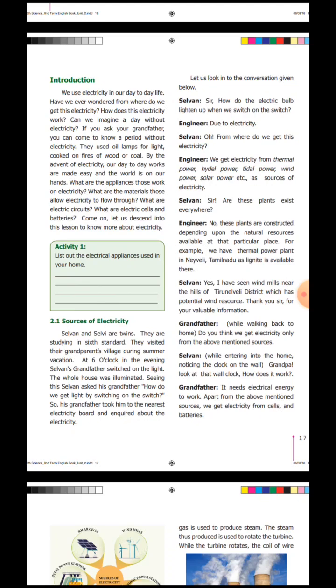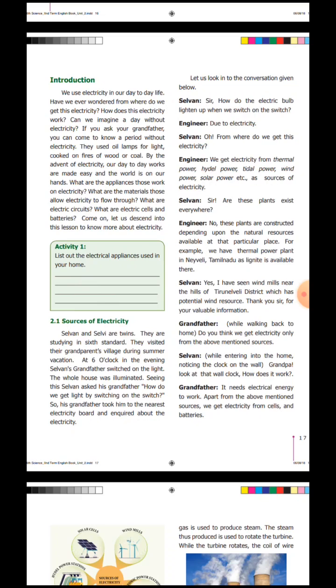Here, see the sources of electricity. A small conversation is given in your textbook for you to know about the sources of electricity. Selvam and Selvi are twins. They are studying in 6th standard. They visited their grandparents' village during summer vacation. At 6 o'clock in the evening, Selvam's grandfather switched on the light.